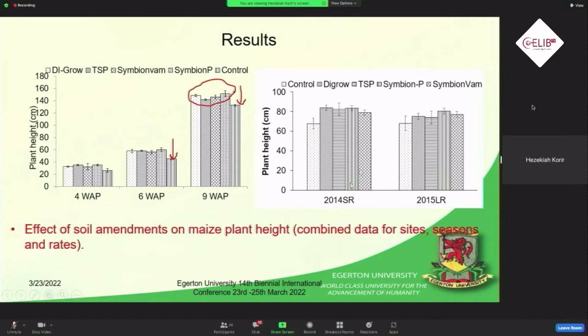The same when we compare the 2 seasons: in both seasons, especially the first season, the height was significantly less for the control.